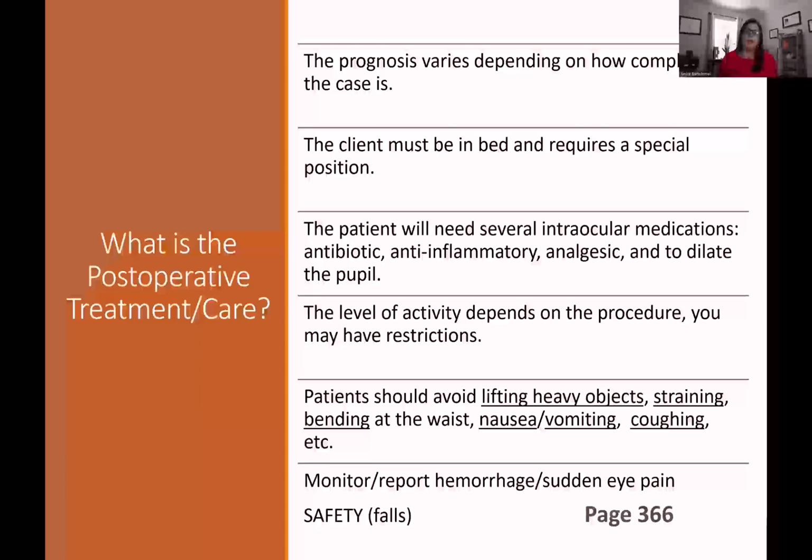So you might have people on laxatives or fiber to make sure they're not straining when they go to the bathroom. If someone has nausea and vomiting, you want to treat it right away. Of course, no lifting anything and no coughing. And you monitor and report any hemorrhage or sudden eye pain.